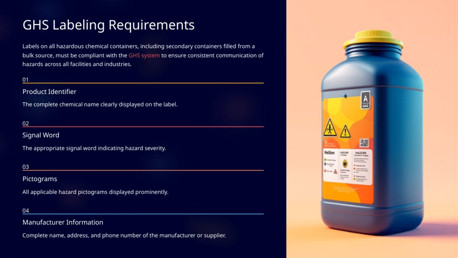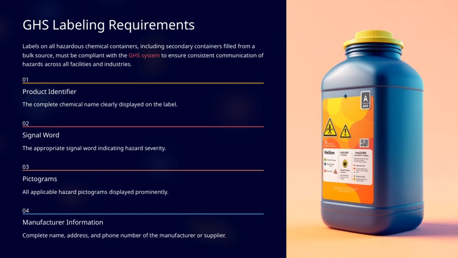Moving on to the signal word, this indicates the severity of the hazard. Words like danger or warning help prioritize safety responses. Then, we have the product identifier, which is simply the complete chemical name. This should be clearly displayed to avoid any confusion about what's inside the container.